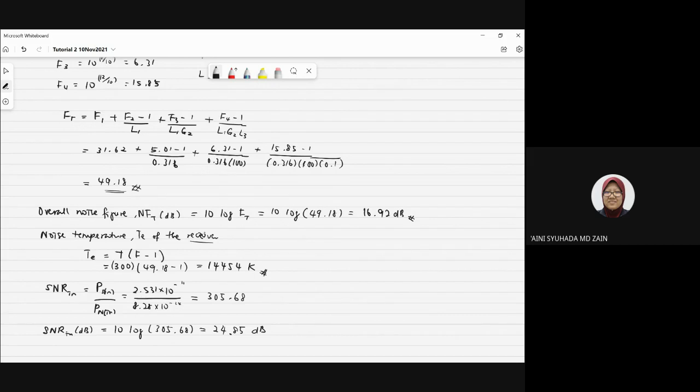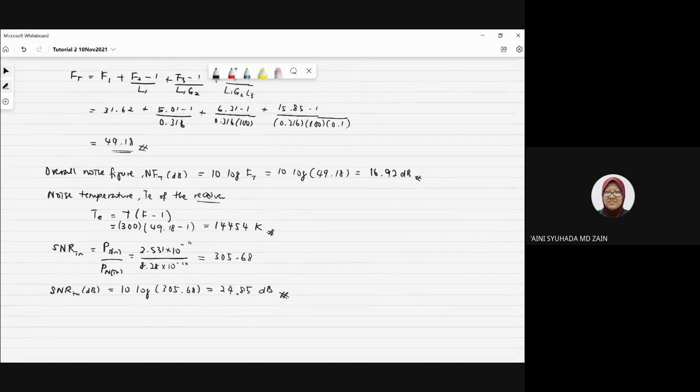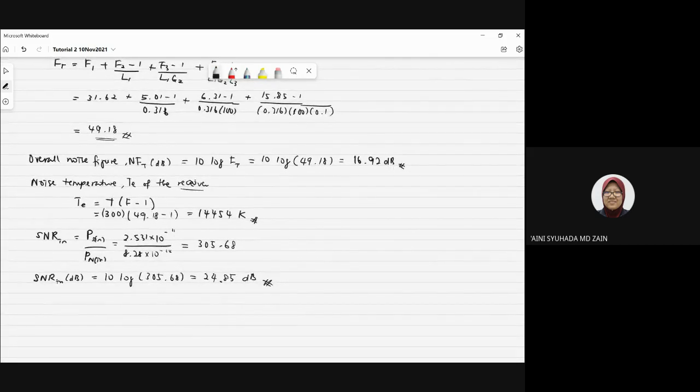So you will get about 24.85 dB. It depends on the decimal places that you choose for the given question. So try to be consistent, either if you choose 2 or 3 decimal places for all the questions, so that your answers will be synchronized accordingly.